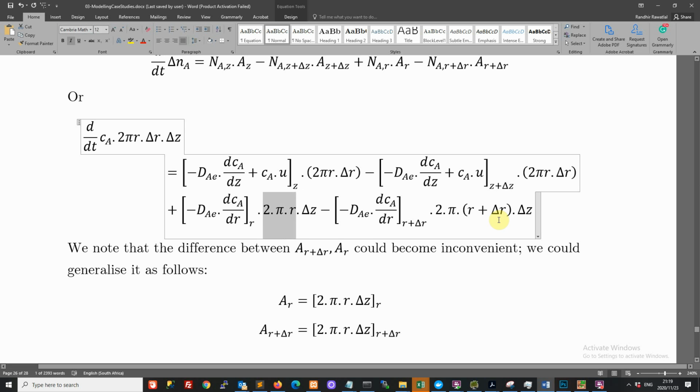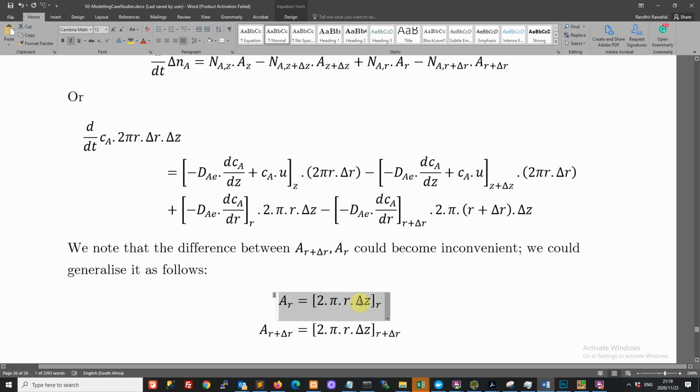But we could write it a little more generally if we say the area that's normal to the radial direction is 2 pi r delta z at r, where r equals r. It sounds like a silly thing to say for this one. But when we write the area at r plus delta r, we could write this as 2 pi r delta z at r equals r plus delta r.